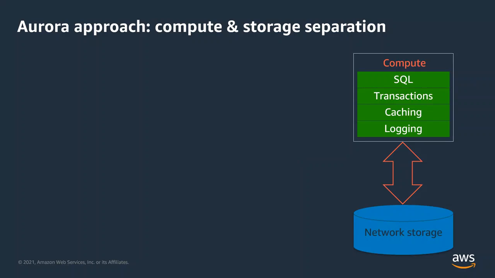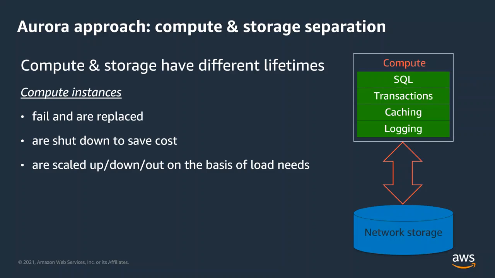That is the first idea: the log is the database. The second idea is to separate compute and storage. If you look at the lifetime of compute instances, these are essentially the virtual machines that run the database engine. They can fail at any time, and if one fails, you don't lose anything because the data is stored in distributed storage. It can be replaced. You can turn off the database instance whenever you don't need it.